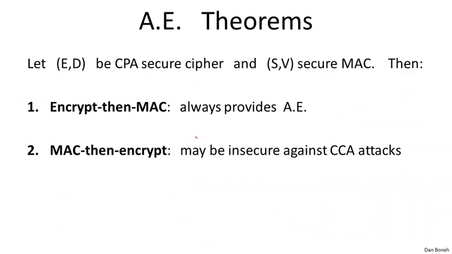Just to repeat what I've just said, the IPsec method, encrypt then MAC, always provides authenticated encryption. If you start from a CPA secure cipher and a secure MAC, you will always get authenticated encryption. As I said, for MAC then encrypt, there are pathological cases where the result is vulnerable to CCA attacks and therefore does not provide authenticated encryption.